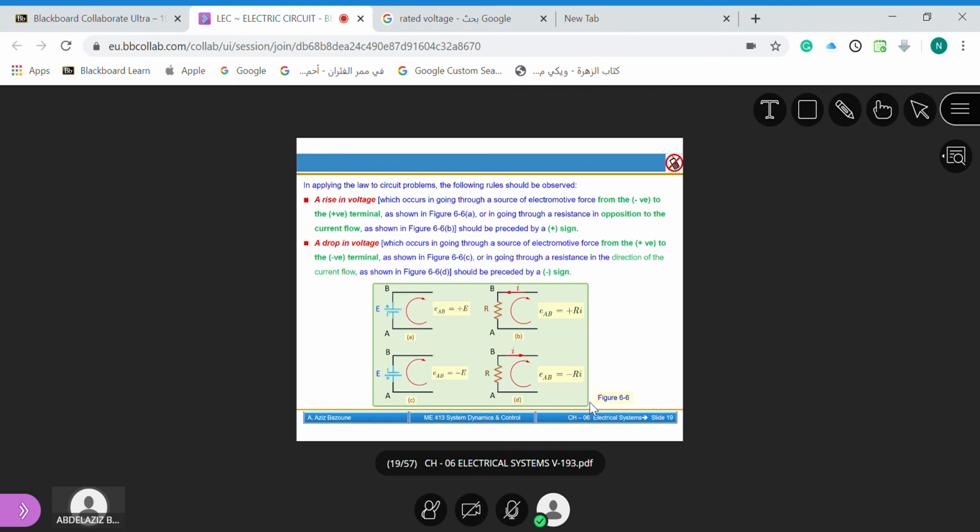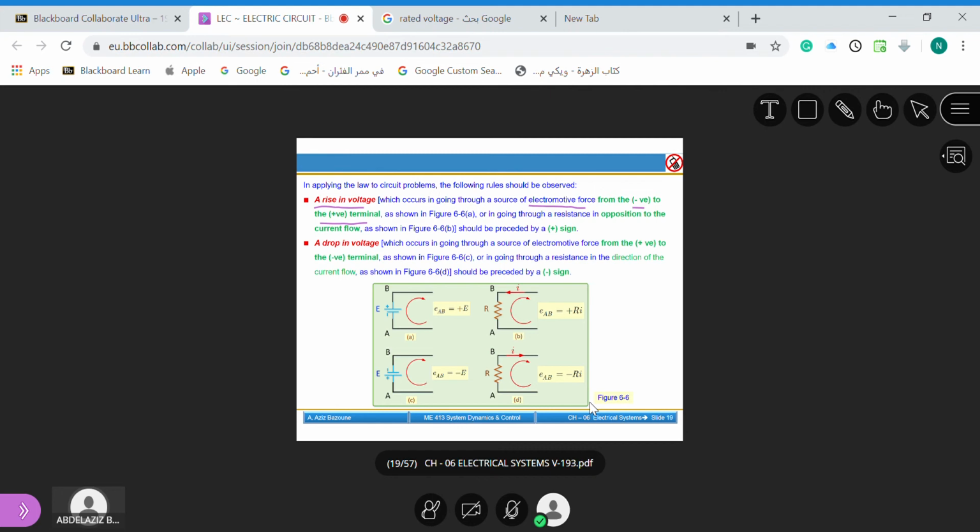Here, how do we understand a rise in voltage or a drop in voltage? If we take, for example, this circuit here, Shabab, a rise in voltage occurs in going through a source of electromotive force from the negative terminal to the positive terminal. So the rise here is from negative to positive.